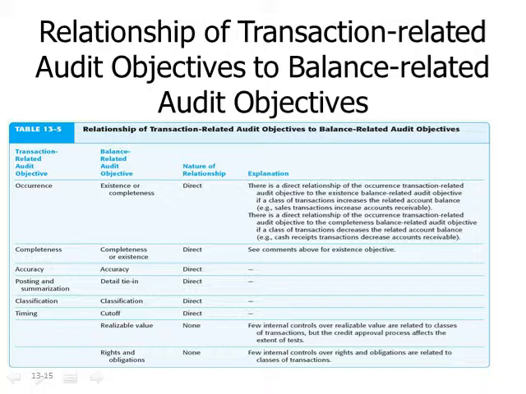So we see there's a direct relationship between the occurrence transaction-related audit objective and the existence-related audit objective if a class of transactions increases the related account balance. There's a direct relationship of the occurrence transaction-related audit objective to the completeness balance-related audit objective if a class of transactions decreases the related account balance. And so this is just meant to illustrate those types of relationships between these two.